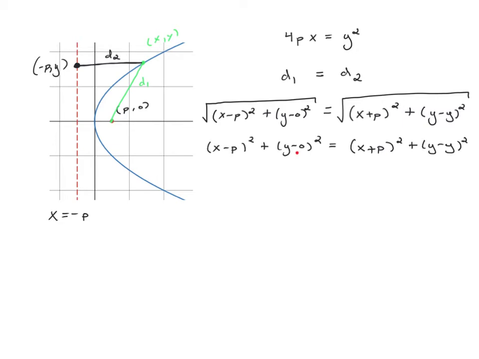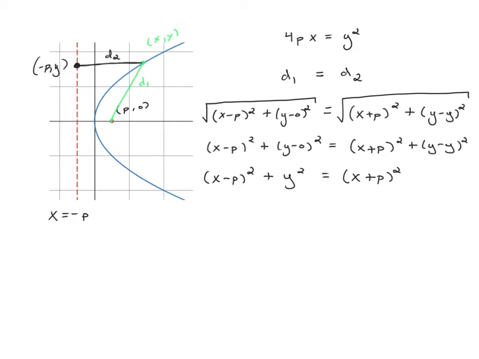If I'm looking to simplify some stuff, y minus 0 is just y, so this thing here is y squared. So we get (x minus p) squared plus y squared is equal to (x plus p) squared, and then y minus y is 0, and if you square 0, that's equal to 0, so we're done. We don't have to write anything else.